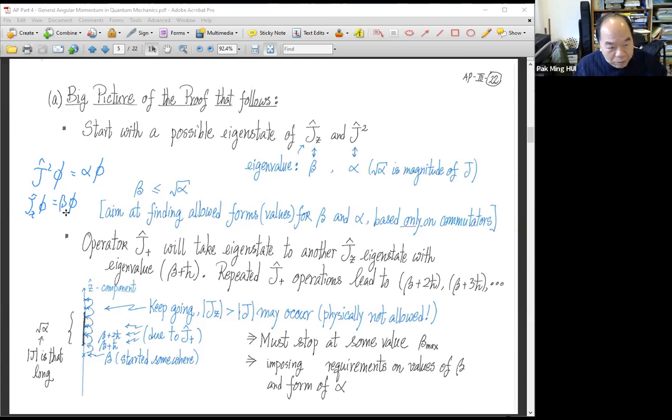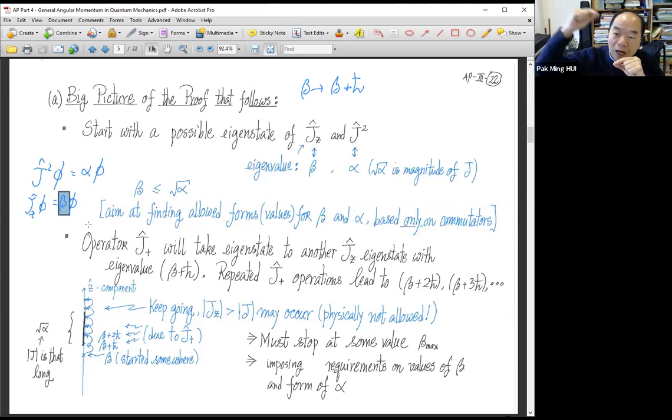Starting with a state with beta, the raising operator will take us to another state, from beta to beta plus h bar. Immediately we see the Z component must be in steps of h bar. The next one will be one h bar higher, the second one will be two h bar higher, and so on. Follow me? So far, so good?